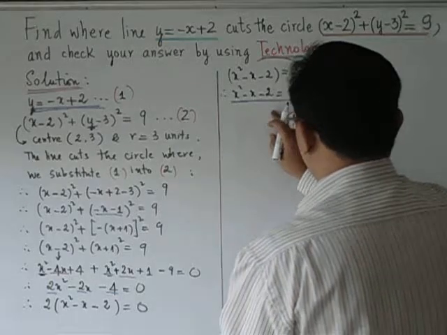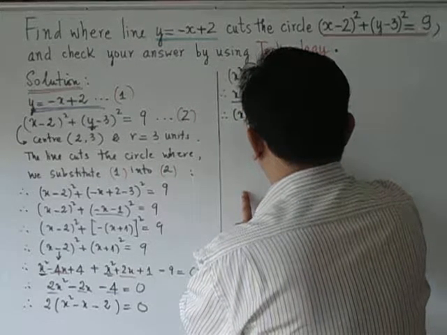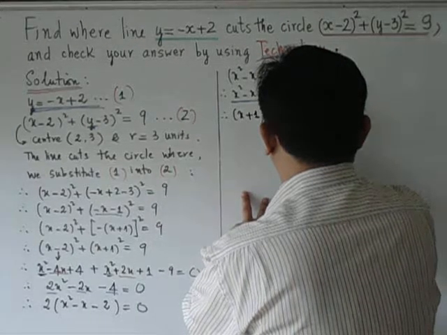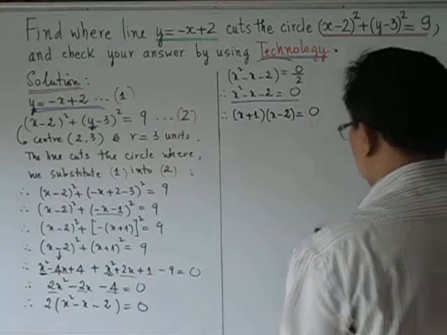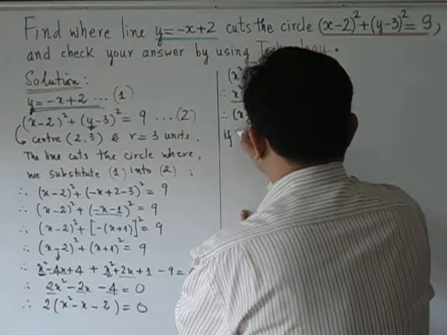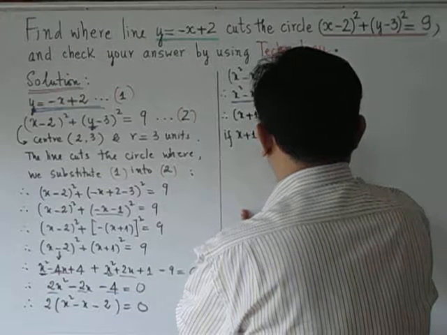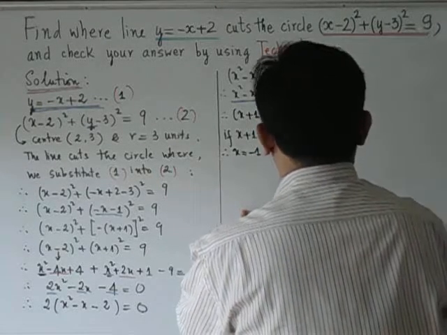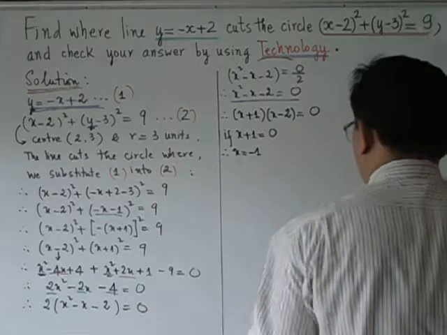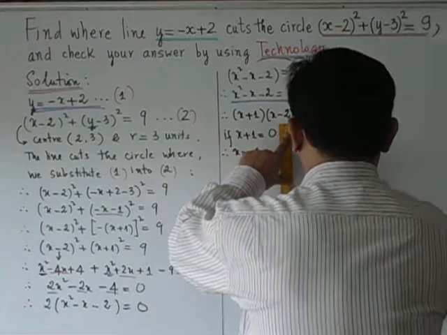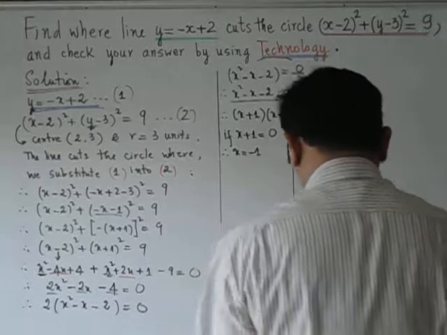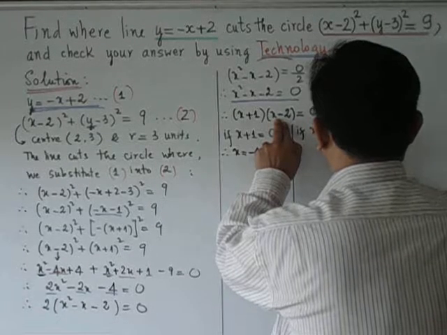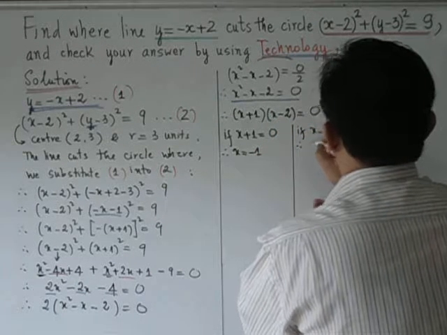So this quadratic equation can be factorized: (x plus 1) times (x minus 2) equals 0. So if x plus 1 equals 0, therefore x equals minus 1. Similarly, if x minus 2 equals 0, therefore x equals 2.